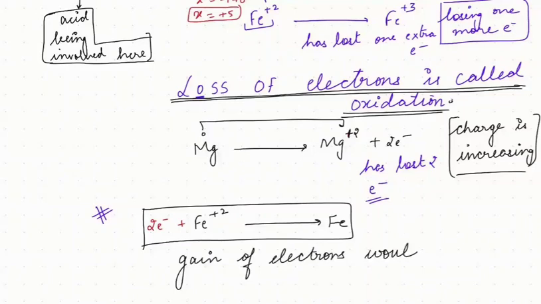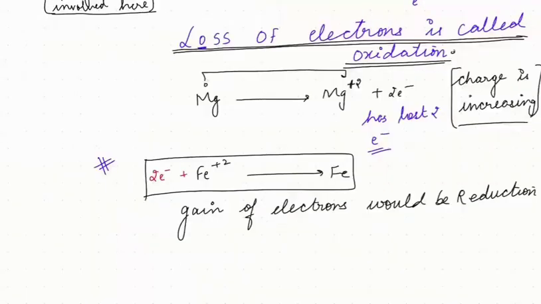Because if anything gains an electron, it is gaining negative charge. Let's suppose Fe plus 3 converts to Fe plus 2. What is happening here? It is gaining one more electron, so it is reduction, not oxidation.